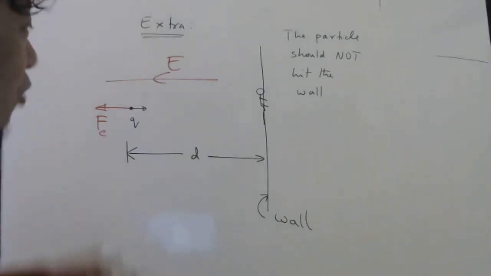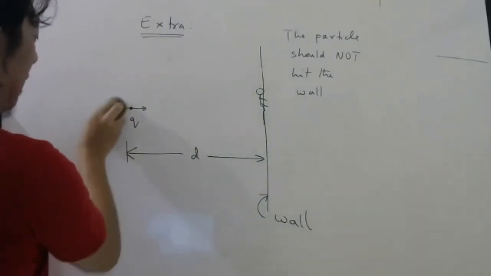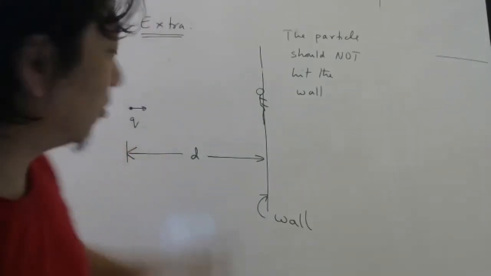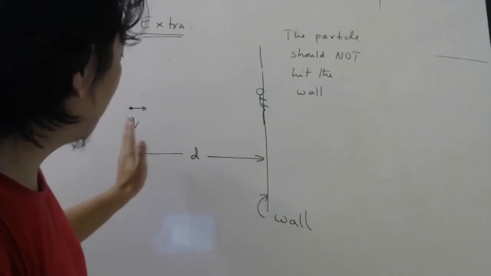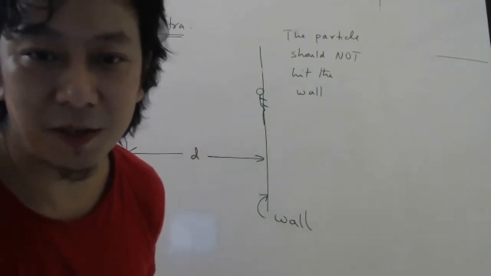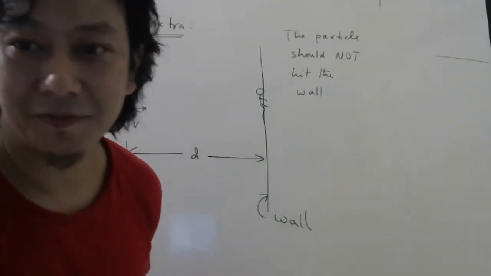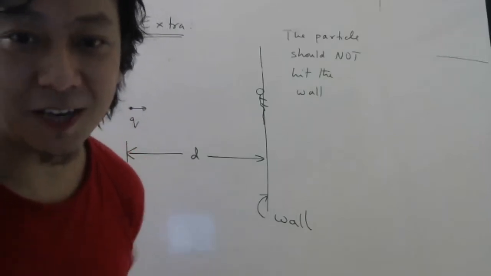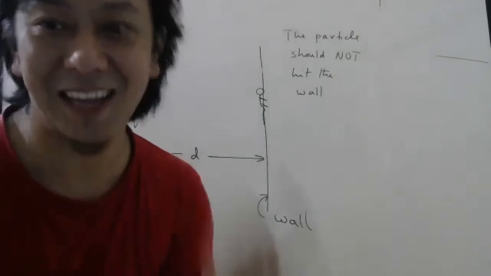But I am not giving you electric field. I am only giving you magnetic field. Is it possible to save your friend? It is possible. You cannot slow down, but you can change the direction.